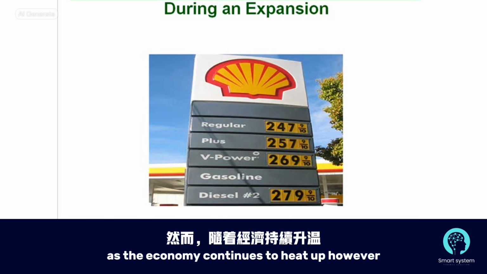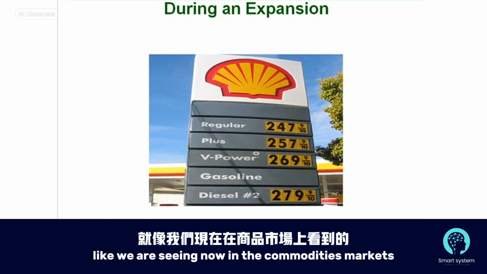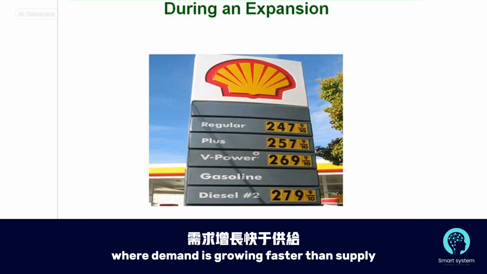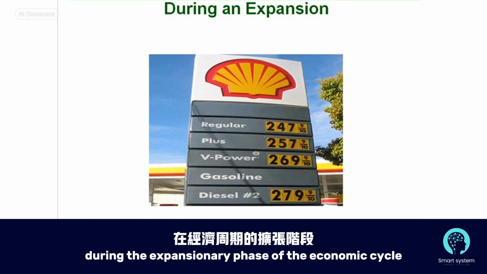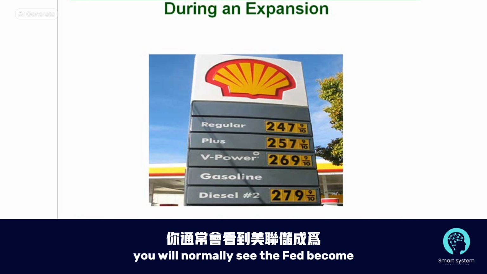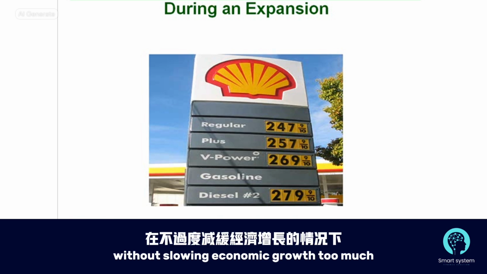As the economy continues to heat up, however, situations can arise, like we are seeing now in the commodities markets, where demand is growing faster than supply, and therefore inflation begins to enter the picture. It's for this reason that, during the expansionary phase of the economic cycle, you will normally see the Fed become more concerned with keeping prices in check, without slowing economic growth too much.